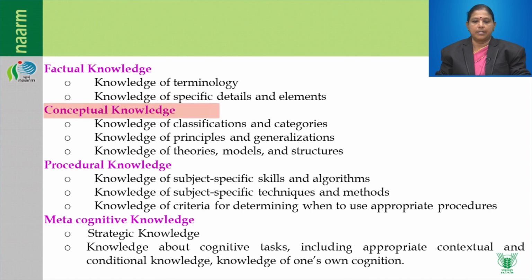And conceptual knowledge: knowledge of classification and categories, knowledge of principles and generalizations, and knowledge of theories and models come to this type of knowledge. And procedural knowledge: knowledge of subject specific skills and algorithms, the methods and procedures and techniques of a subject, comes under procedural knowledge. And metacognitive knowledge, knowledge of one's own cognition, comes under this type.